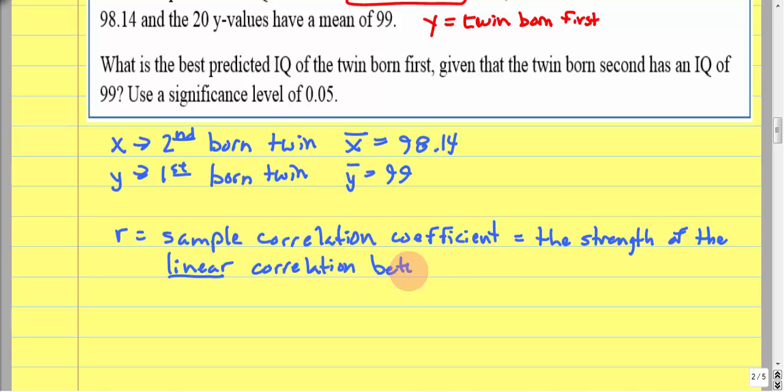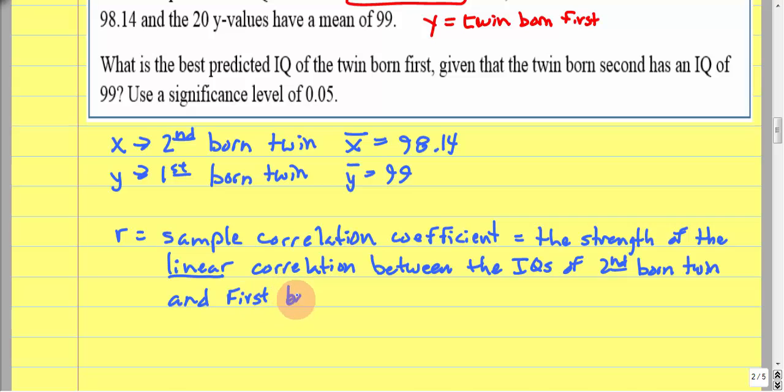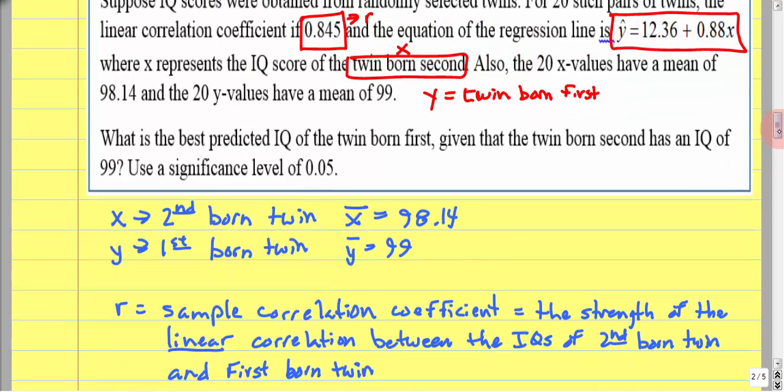So again, the strength of the linear correlation between the IQ scores of the second-born twin and firstborn twin. And this value is equal to, if we scroll up a little bit, pretty high, 0.845.